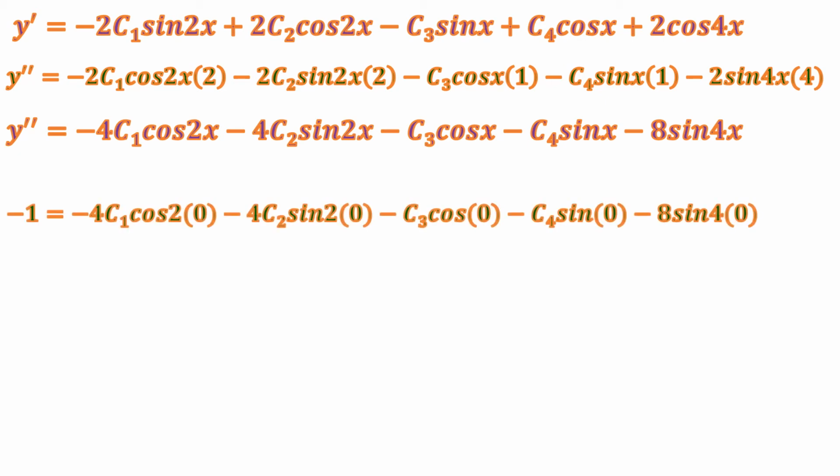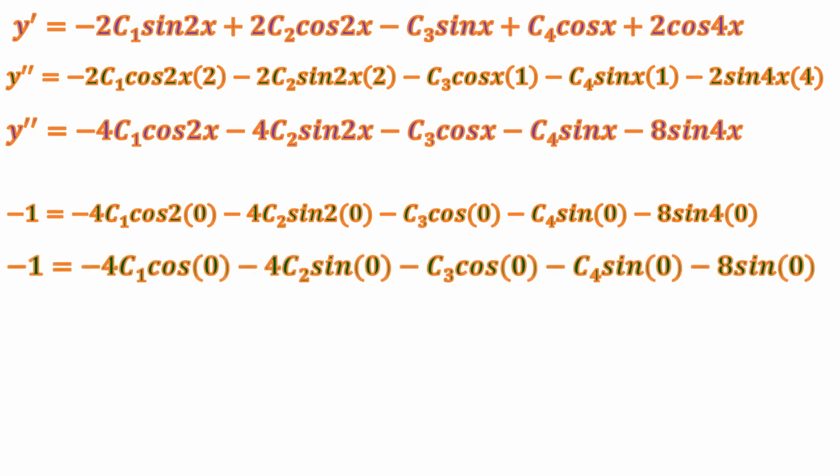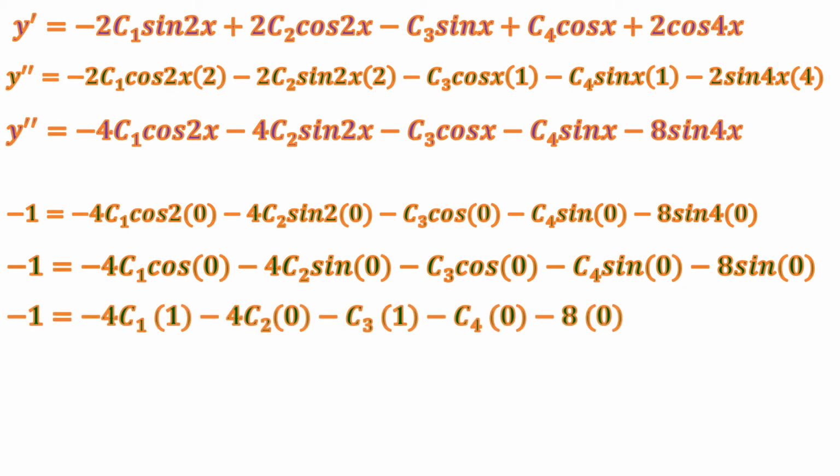And then we'll substitute based on the initial conditions. If x is 0, then the y double prime is negative 1. Then multiply the angles. So 2 times 0 is 0. Also 4 times 0 is 0. Then we get the cosine of 0, which is 1, and sine of 0 is 0.